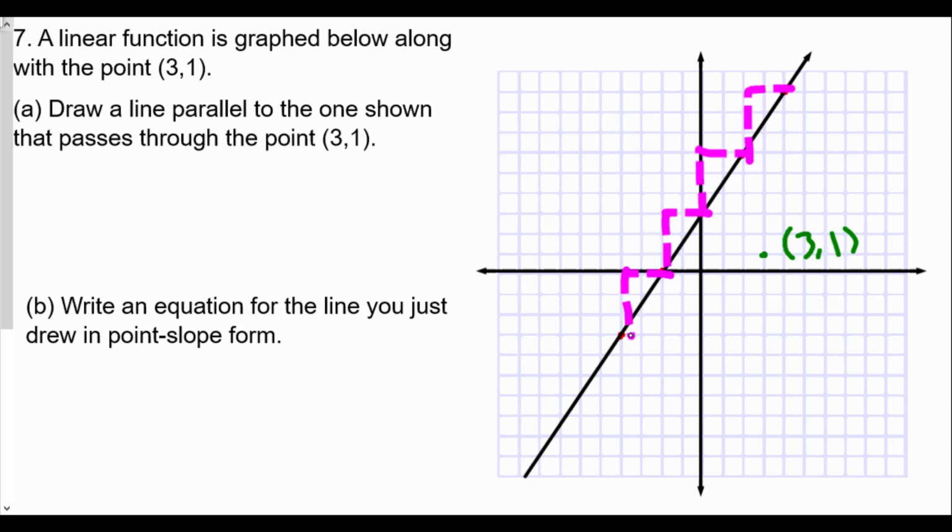So we're going to follow the same pattern. Up 3, right 2, here's a point; up 3, right 2, here's a point; up 3, right 2, here's a point. Down 3, left 2 would be over here, down 3, left 2.